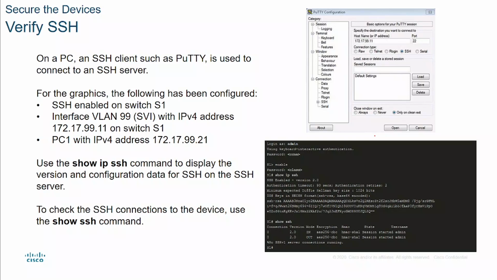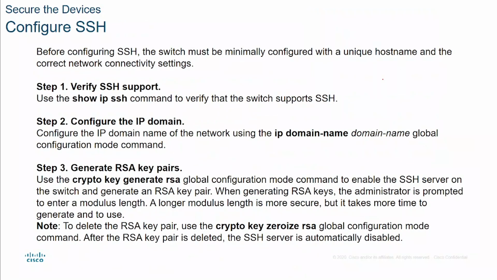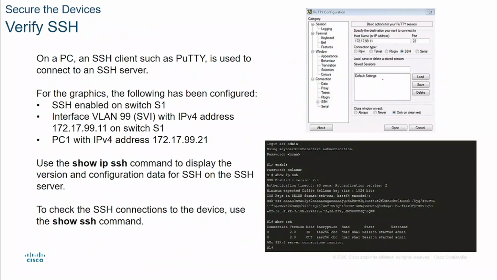You can see SSH enabled on the Switch 1 interface VLAN 99 with IP address 172.17.99.11, and PC1 with IP address 172.17.99.21.